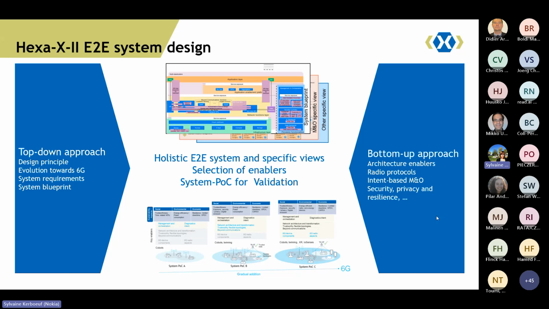In parallel, we've got a bottom-up approach where the various technology work packages of the project are working on developing enablers, including work package 2. The purpose is then to have an alignment between the two approaches via several iterations, and also by checking that the enablers under development can be integrated in the system blueprint. We also built some system POC with selected functionality in order to evaluate the system design, and to show that we can achieve some important KPI and KVI.